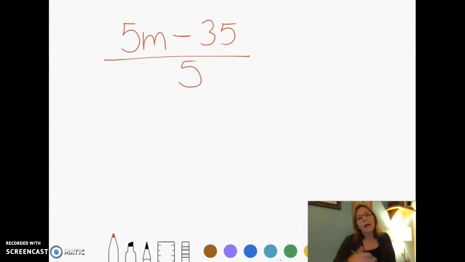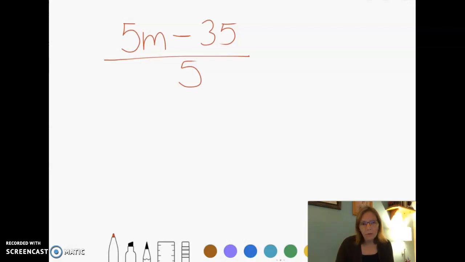So remember, when I have something being divided on the bottom, it's like I'm dividing everything on the top by it. So I have to do 5m divided by 5, and I have to do 35 divided by 5. I said that other one wrong. It's 5m divided by 5 and 35 divided by 5.